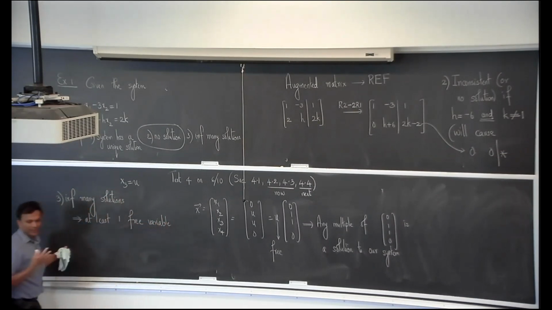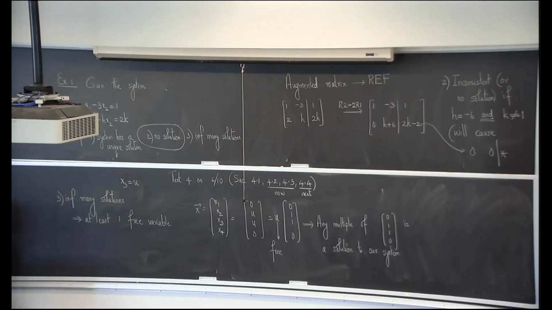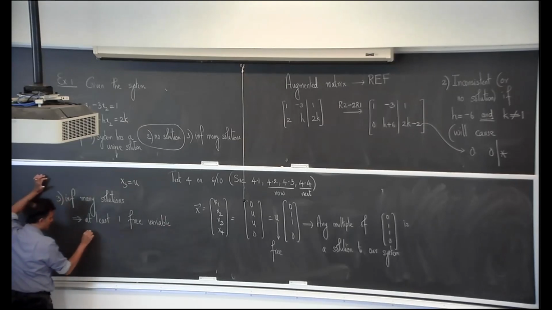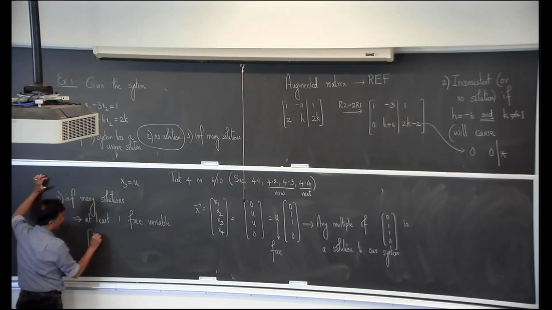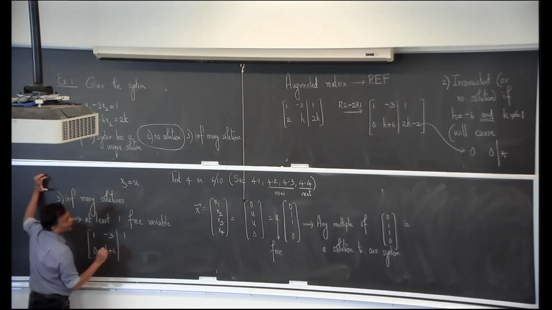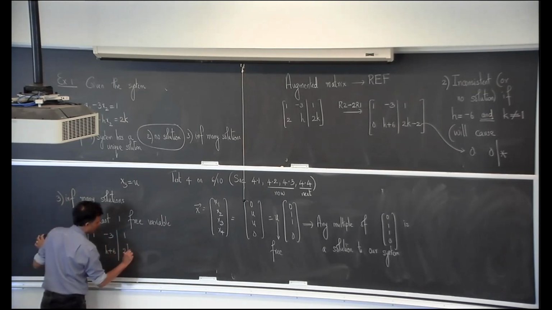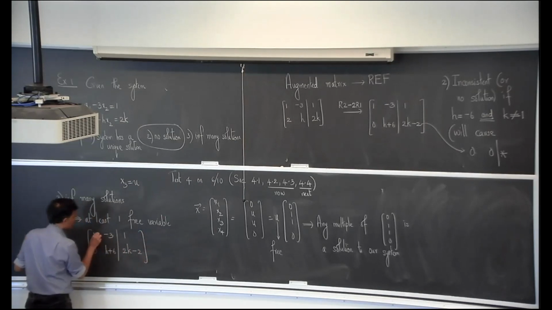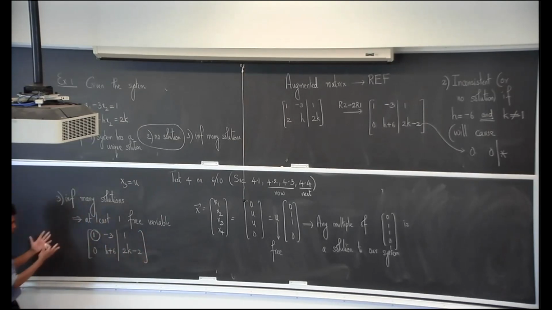That is the concept that should hit you immediately: if there is a free variable, there are infinitely many solutions. So let's go back to the same REF: 1, -3, 1, and 0, h plus 6, and 2k minus 2. This leading one is already here, so x1 cannot be free. In what situation will x2 be free?